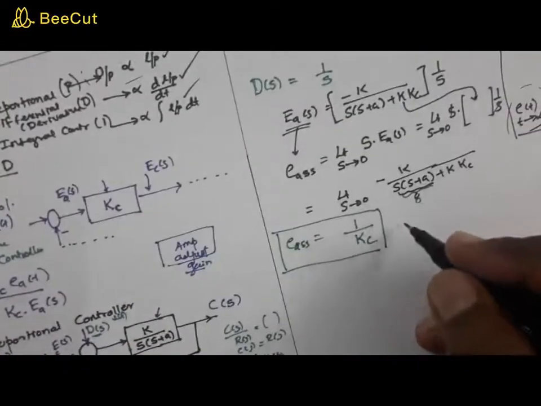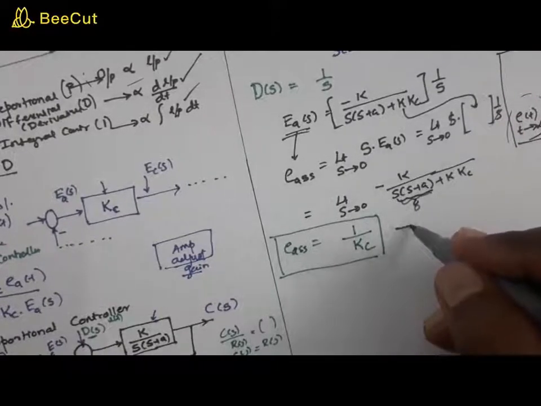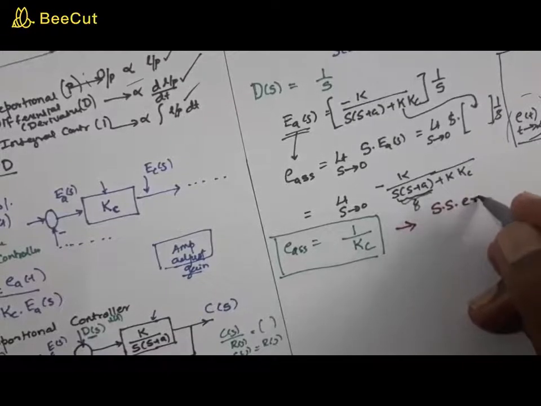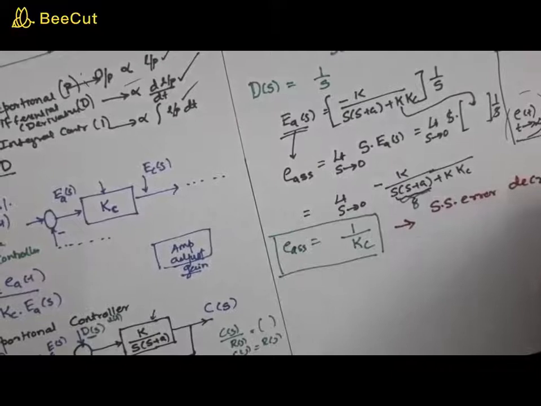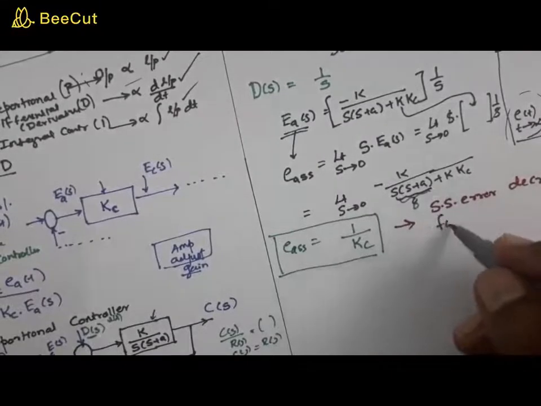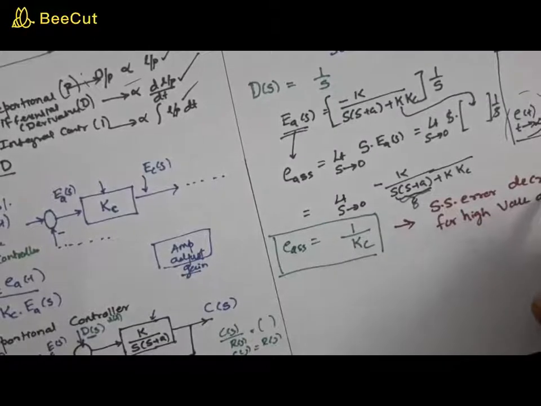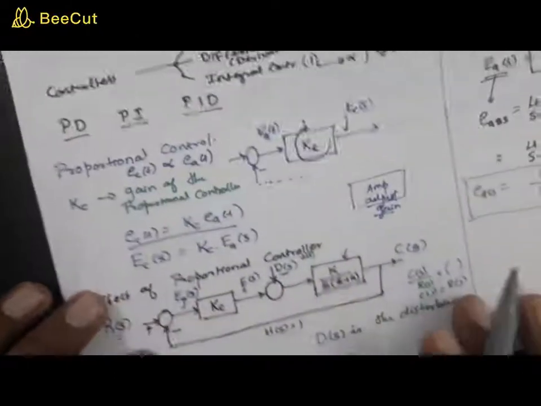Now what did you understand from this? From this you can draw a conclusion. What is the conclusion? The steady state error decreases for high value of Kc. What is this Kc? Kc is the adjustable control gain of this proportional controller.